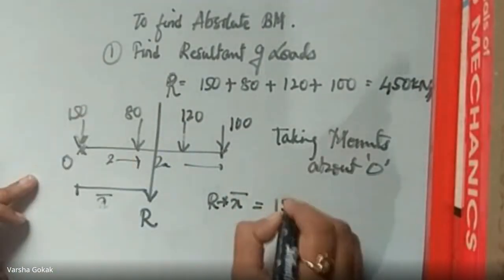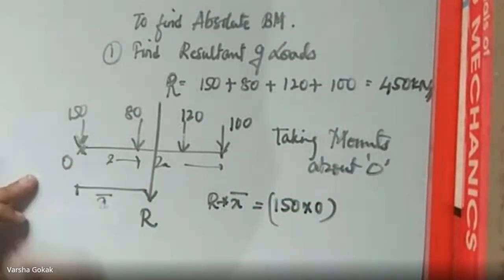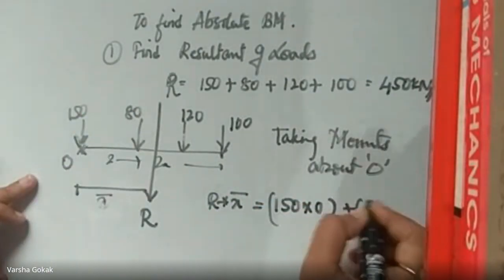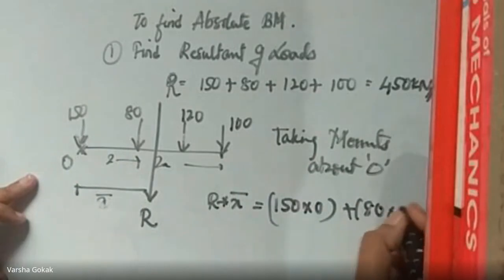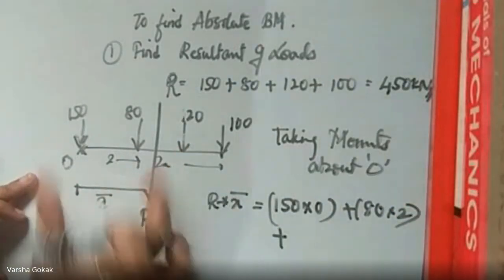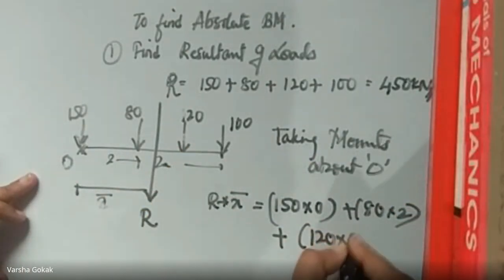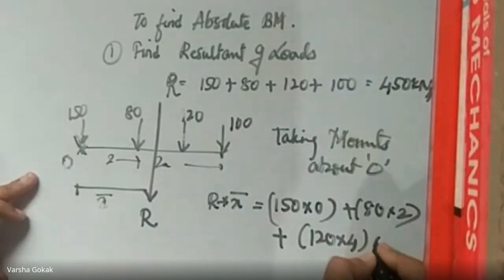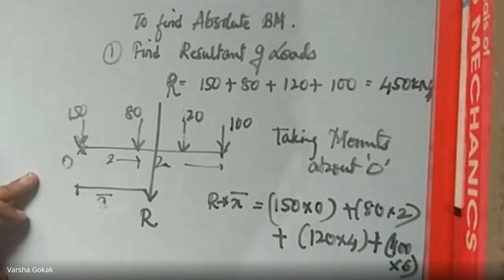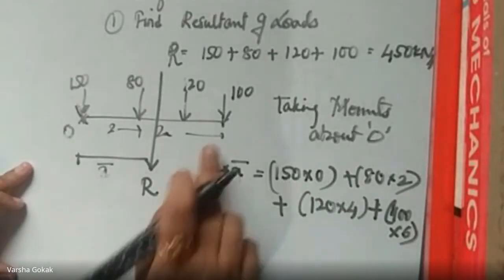So that is 150 into 0 because it is acting on the point, plus 80 into this distance, that is 2, plus 120 into 4, plus 100 into 6.